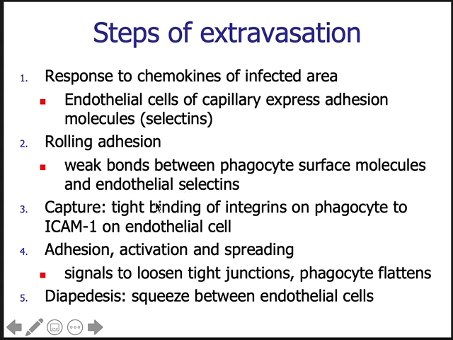But then you will end up getting the formation of integrins on the phagocyte. These are specialized binding molecules, and they're going to then bind to endothelial cells, specialized molecule called ICAM-1.